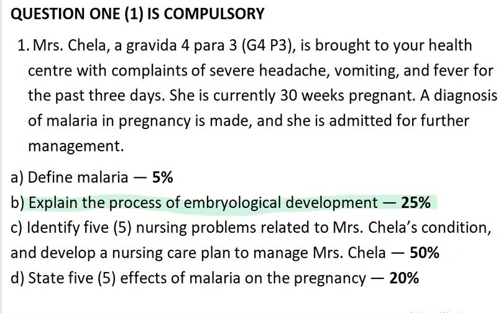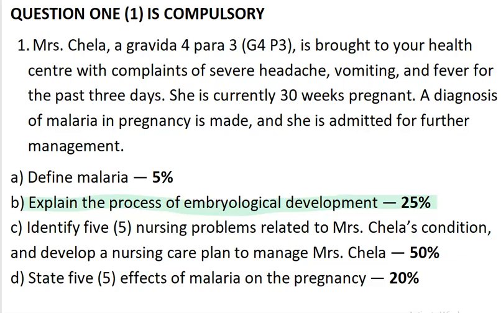Then going further in the process, we would first define what embryological development is, of which we are going to say this is the process by which a single fertilized cell, a zygote at this point, transforms into a complex multicellular organism. It occurs in a series of well-organized stages, which is the process they are asking about.